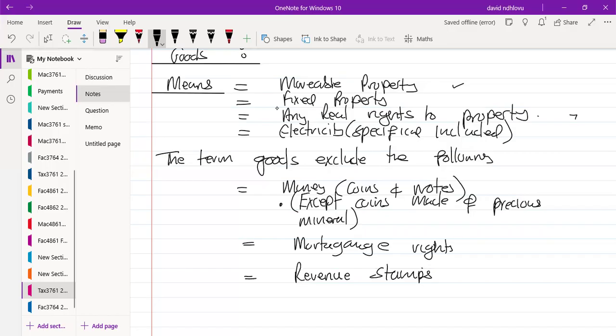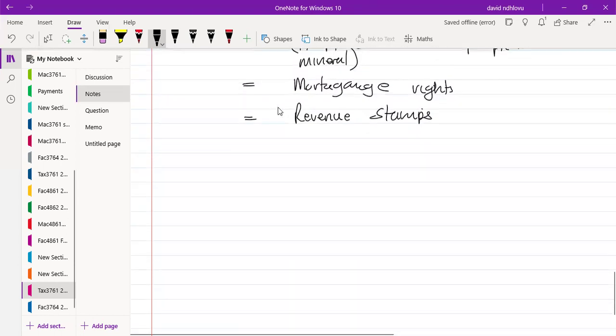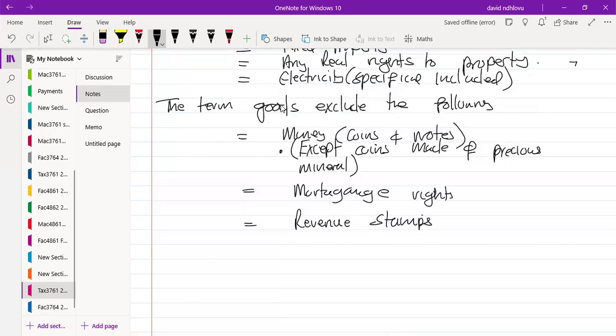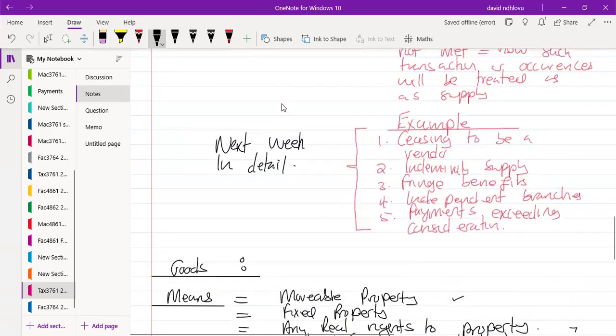I think it was used with Dala, not now. We no longer have this. But if you see revenue stamps, they are actually listed in the Act to say these are to be excluded from the word goods.